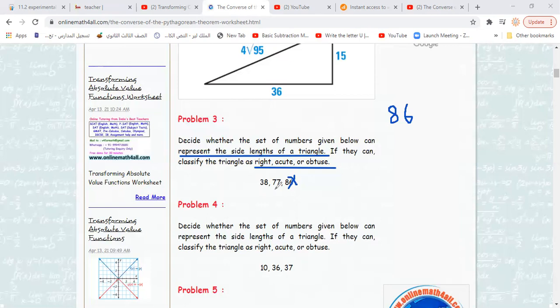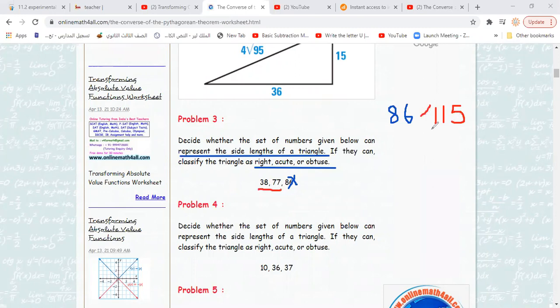So you have 38 plus 77. 38 plus 77 will be 115. No, just a second. We found the sum of the other two sides, right?